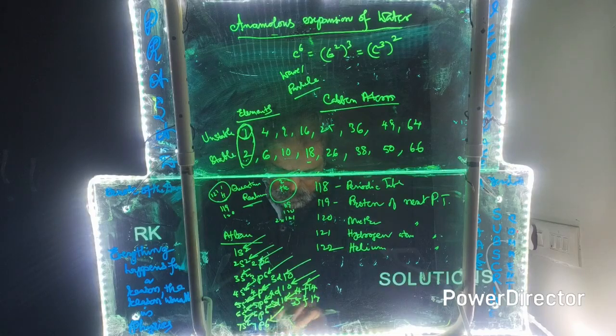And at the end, you have 5f14 and 7p6. So this completes 118.